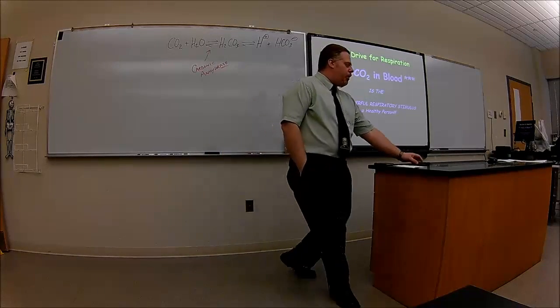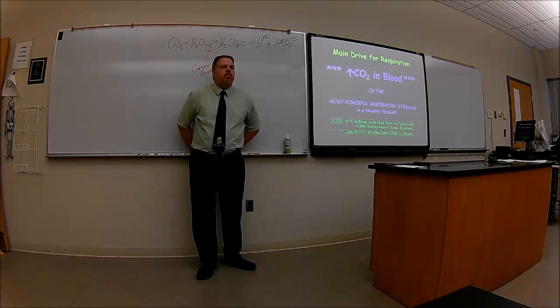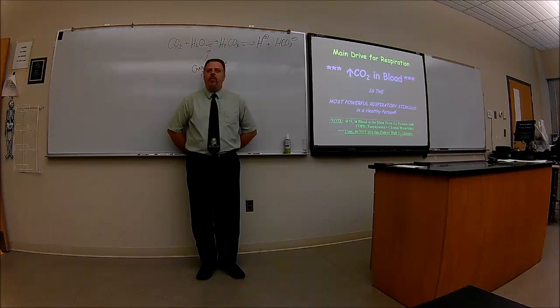Now, this I'm not going to ask you. You'll learn about it in AMP2, but what happens in people with emphysema? In emphysema, they've got a reverse. In emphysema, or COPD, chronic obstructive pulmonary disease, people who smoke for years and years, they have emphysema or COPD.